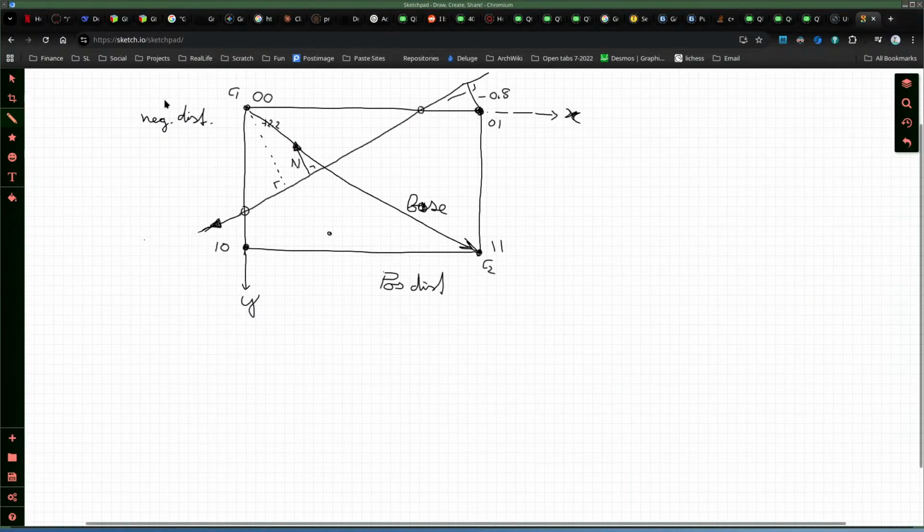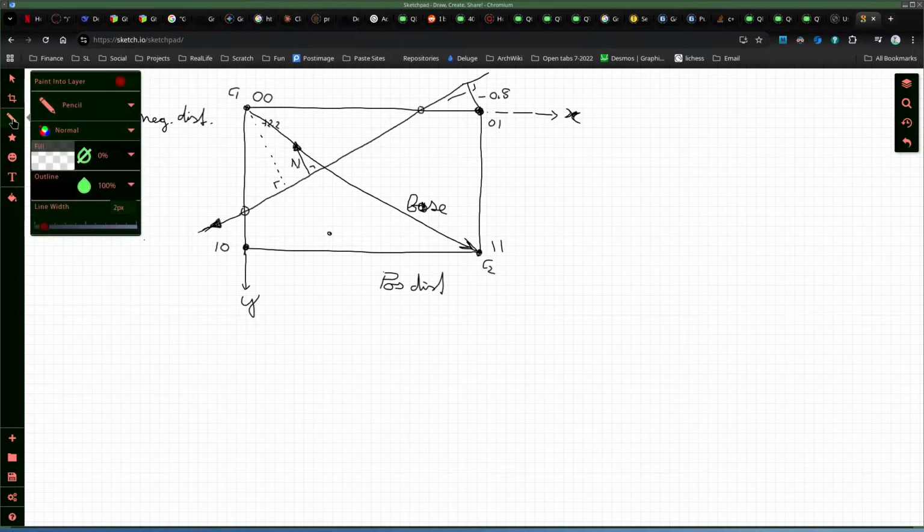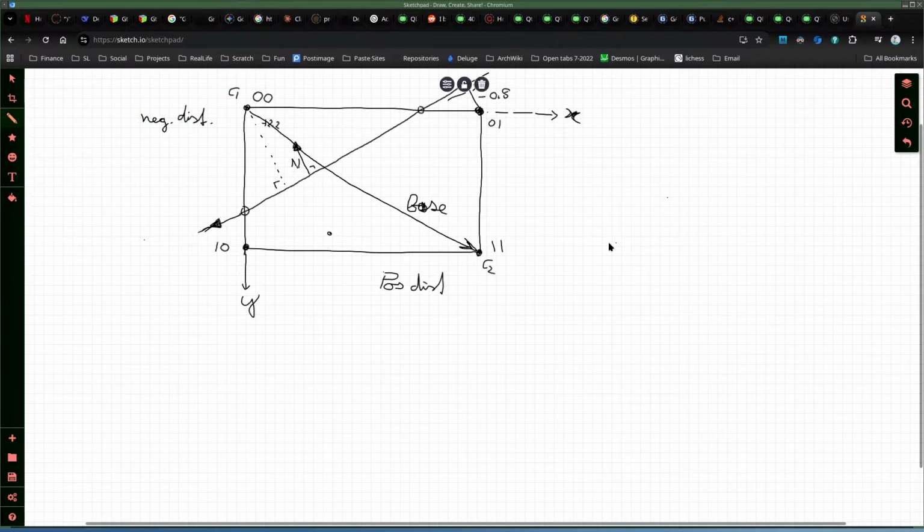That was the negative side. That means that we are on the side that the normal is pointing to. So this one is marked as true.